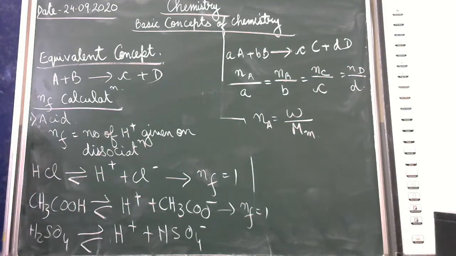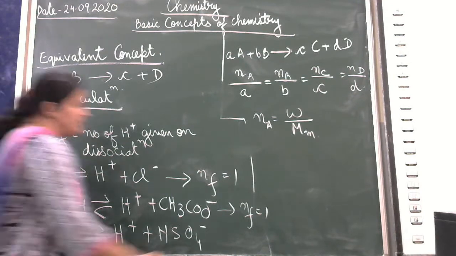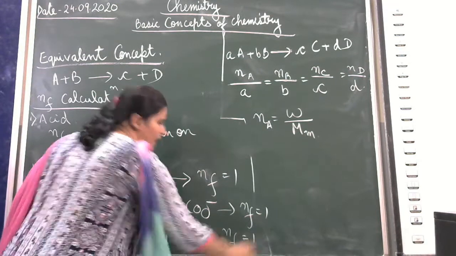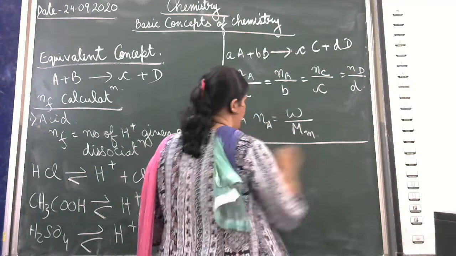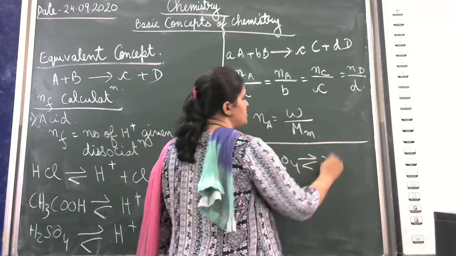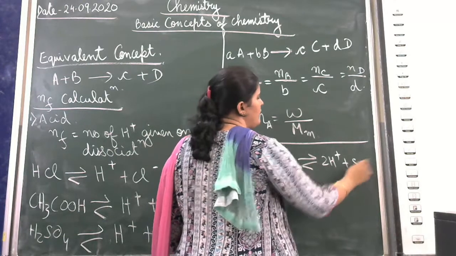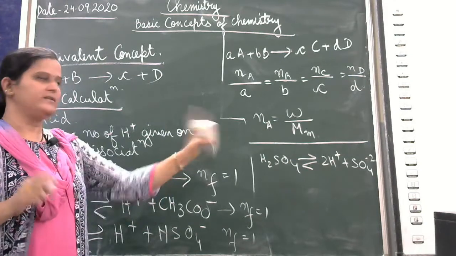If suppose the reaction is such that H2SO4 gives only 1 H plus ion, then the n factor will become 1. But if H2SO4 dissociates like this, H2SO4 completely dissociates to give me 2 H plus ions and sulfate ion.